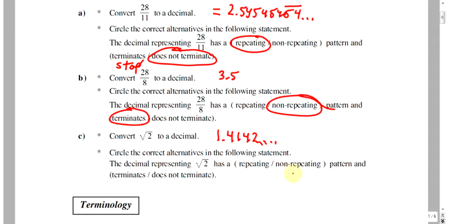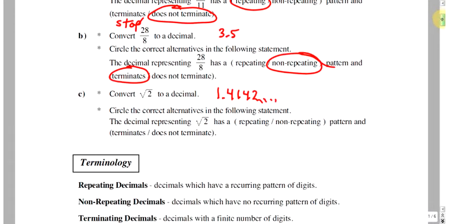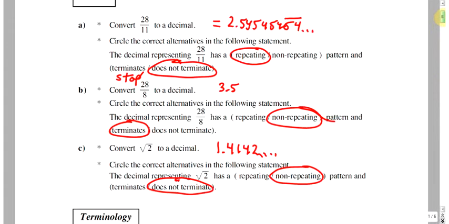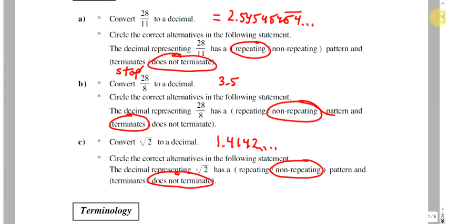Okay. Correct alternatives for this guy. Does it repeat? I don't see anything there that repeats. Does it terminate? No. Does not terminate. Okay. That's pretty much our 3 choices for decimals.